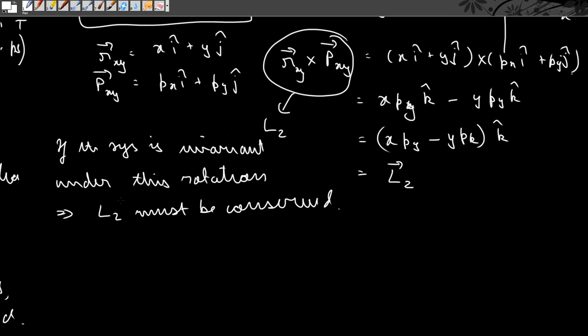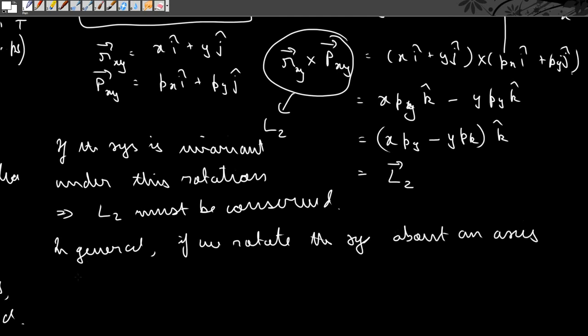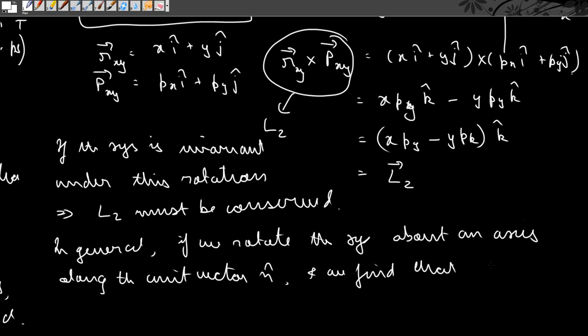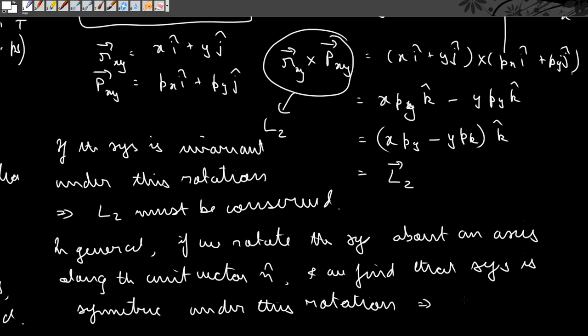Okay, so we can in fact generalize this result. So in general, if we rotate the system about an axis along the unit vector n hat, and we find that the system is symmetric under this rotation, then we can straight away say that L dot n hat is conserved.